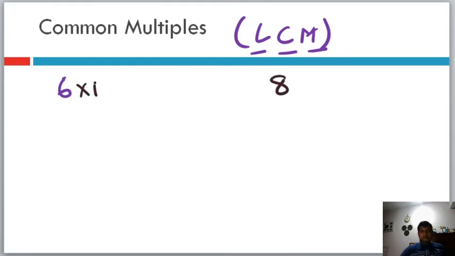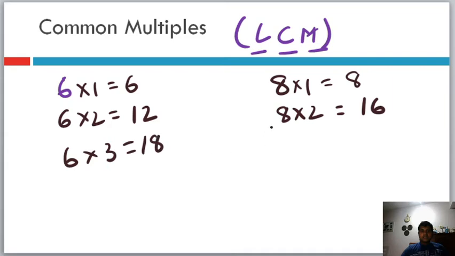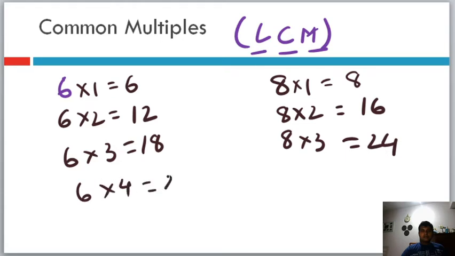So we will start to jot down the multiples, and I am only doing this so as to make you understand better, because understanding is important. 6 into 3 is 18, 8 into 3 is 24, 6 into 4 is 24.